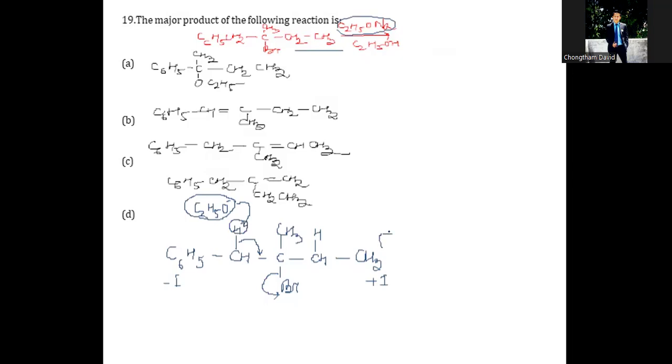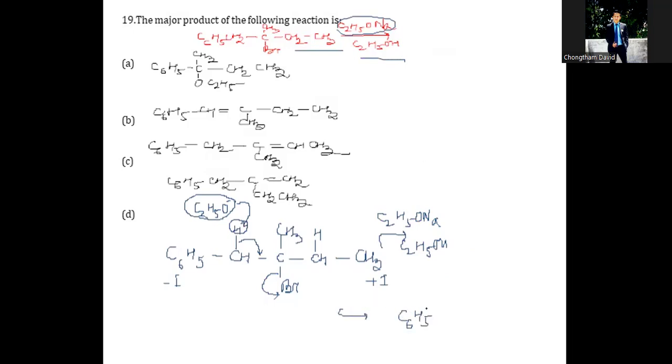Now the product, after addition of this alcohol C2H5OH and in the presence of sodium ethoxide, because this is present in the solvent, alcoholic solvent, you will get the product as such.